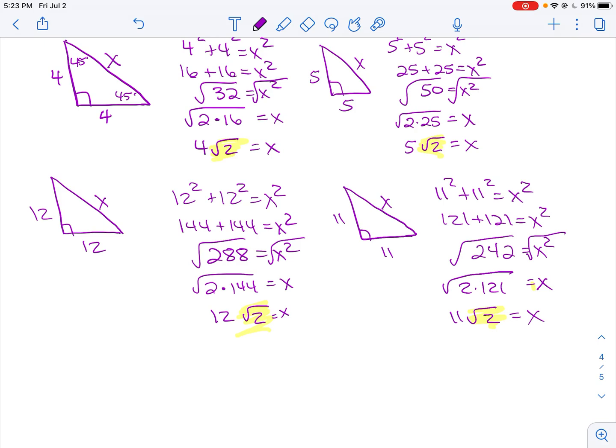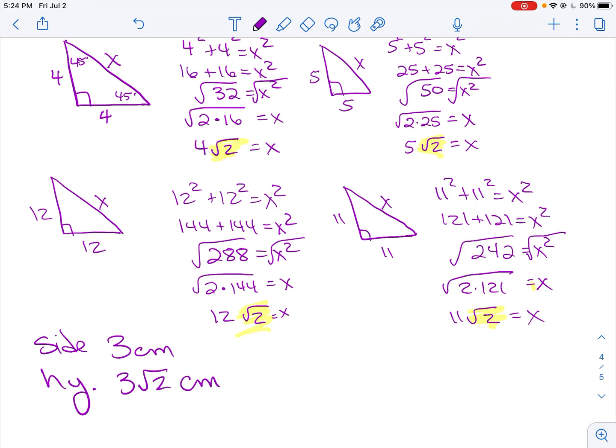So if I told you that the side is going to be 3 centimeters, that means the hypotenuse is going to be 3 radical 2 centimeters.